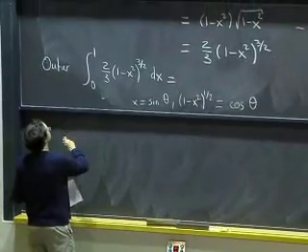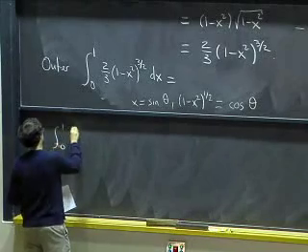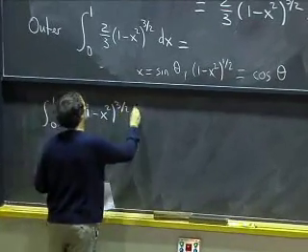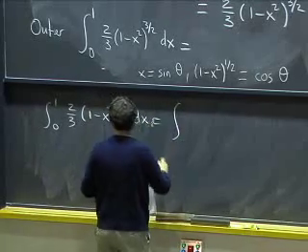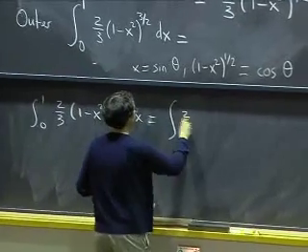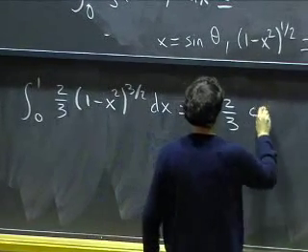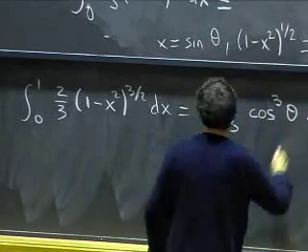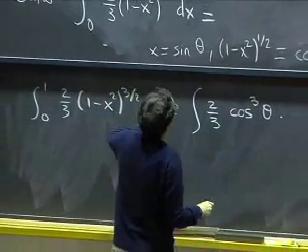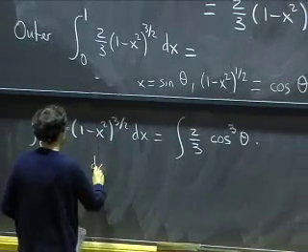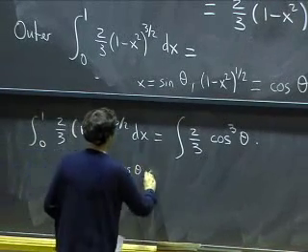And so that will become 2/3 remains 2/3. 1 minus x squared to the 3 halves becomes cosine cubed theta. dx, well, if x is sine theta, then dx is cosine theta d theta.